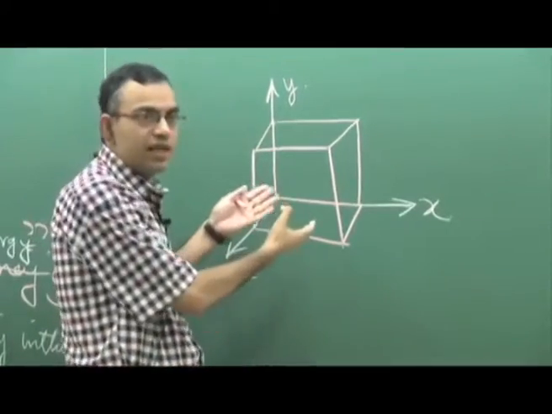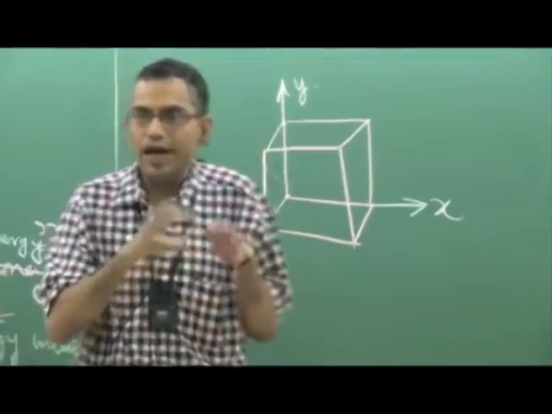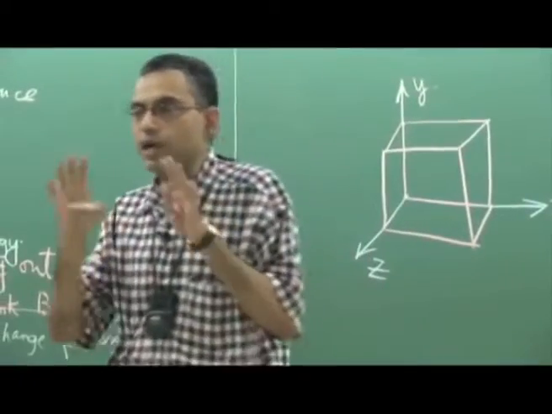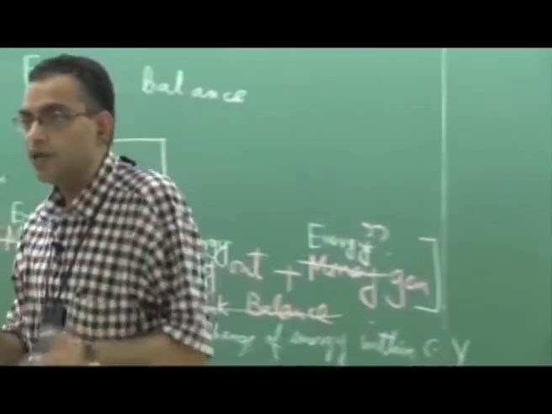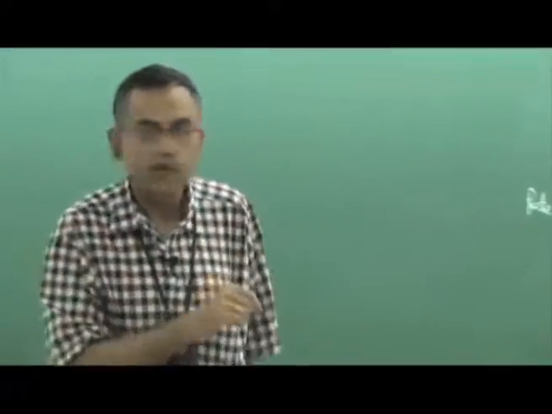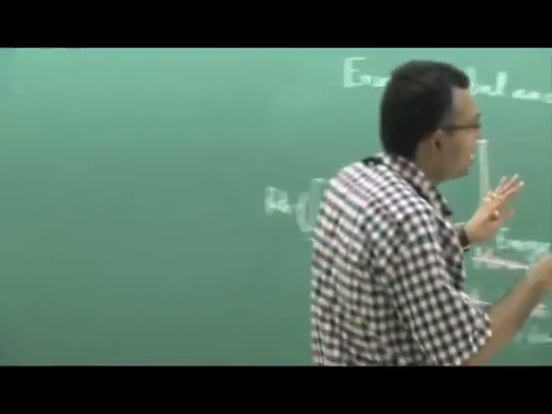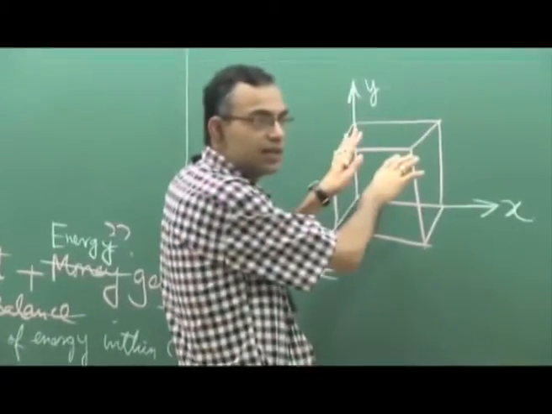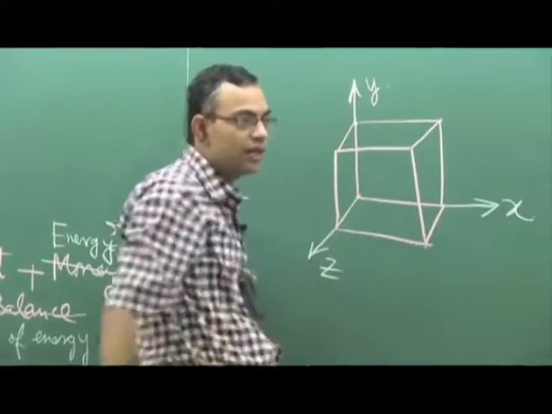Now, why we have chosen such a control volume is because we want to derive the equation in terms of the Cartesian coordinate system, but you could choose any other shaped control volume. There is no restriction on the shape of the control volume. Just for simplicity of using the Cartesian system, we have taken such a control volume.